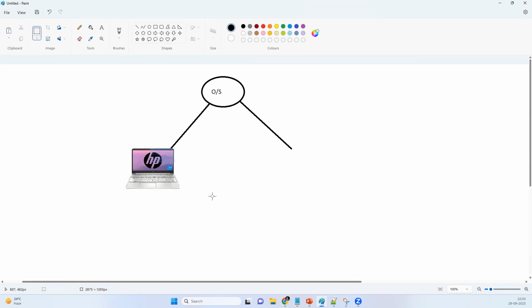So this is the HP laptop. In our HP laptop, how many users are interacting at a time? Guys, how many users are accessing this laptop at a time? Single user. Normally single user, yes.